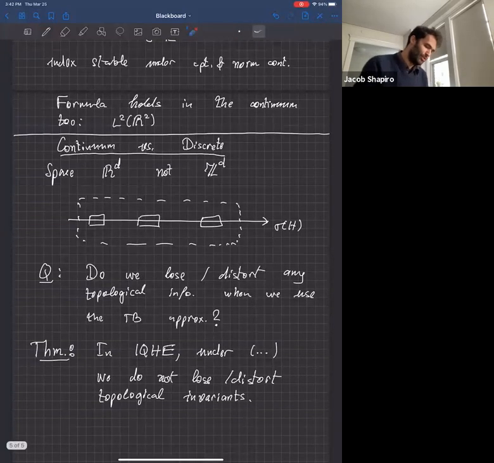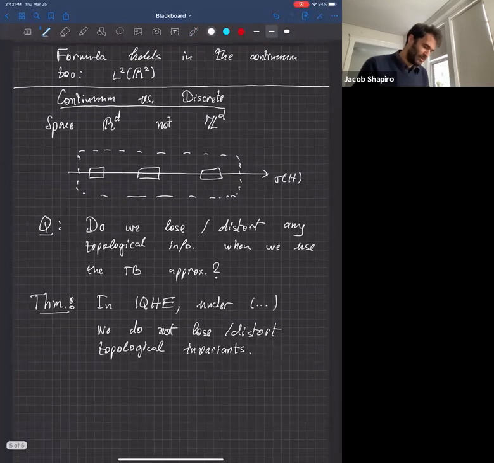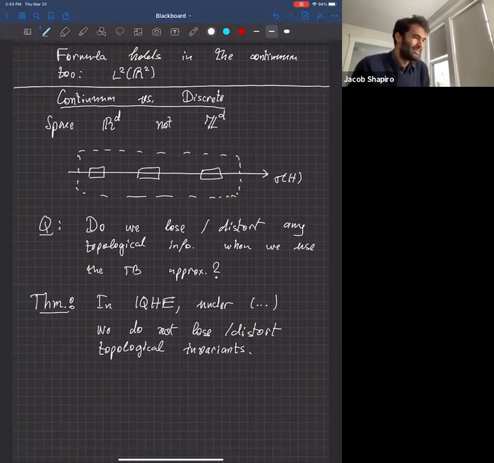And so really what I'll do in the rest of the talk is explain what these conditions are and how to phrase them. But the main theorem is, yes, indeed, you do have agreement and you don't distort anything. Okay, so this was quite involved to prove, but you would say, it's always true. It was expected. It's not surprising. No, not really. Actually, there are counterexamples of other symmetry classes, other kinds of topological insulators where this statement is not so easy to make, and indeed, it's not even clear what the continuum analogs of discrete systems are.